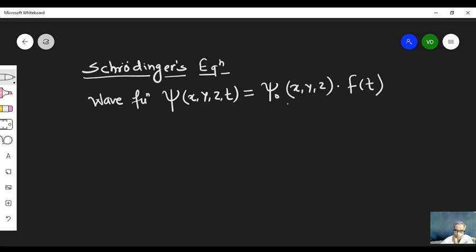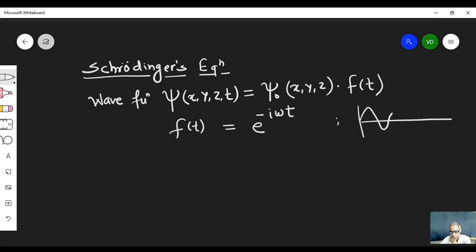We can take this f of t as the exponential function, and we have taken this as exponential minus i omega t, because we know that for natural occurrence the amplitude of the wave function always decreases in time. So using this value, and we know the standard wave equation.